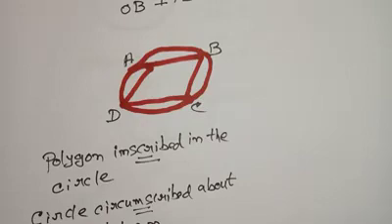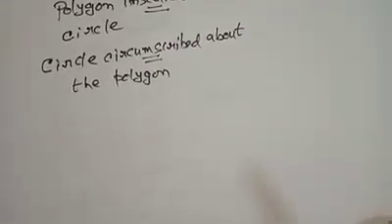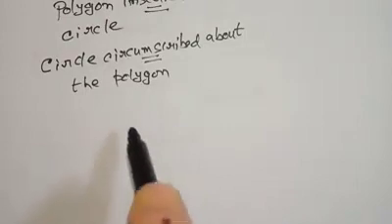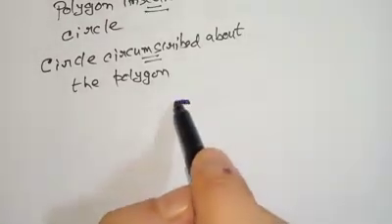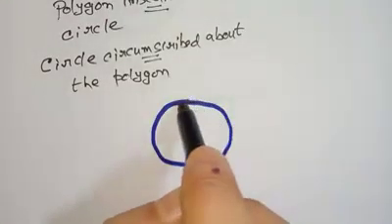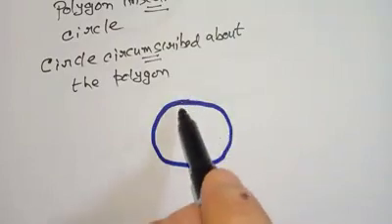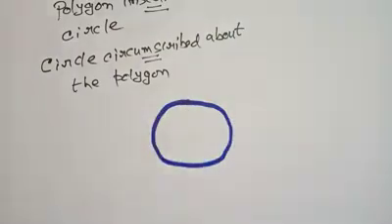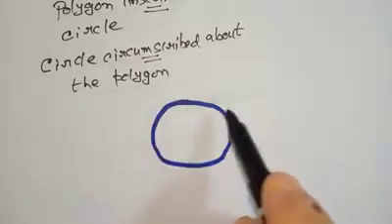Now if we take another example, let me draw it below so that you can understand. If I take a circle, and then I draw a polygon, in this case the polygon is circumscribed about the circle.